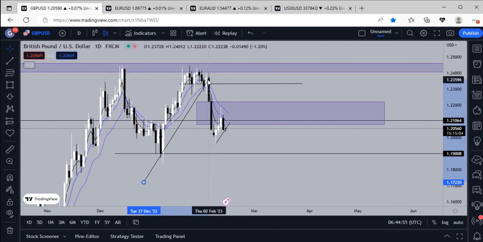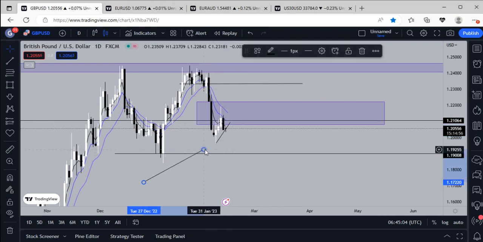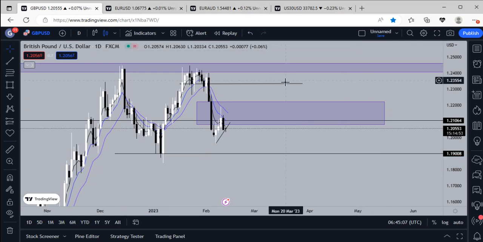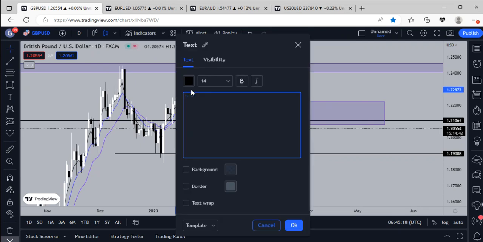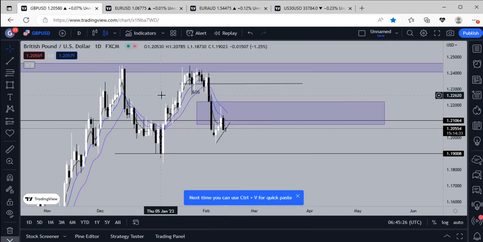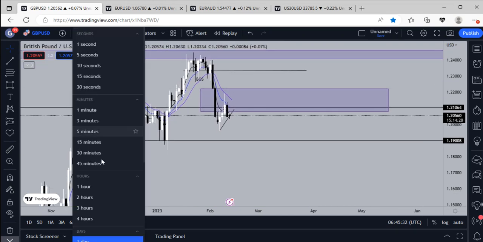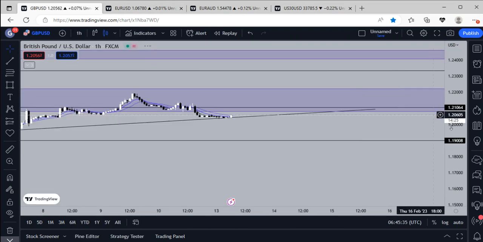Okay, and now price hits a selling trend, and so price can retest back into this area to now fill the imbalance and then continue selling to the downside. All right, so we'll just put it there. Break of structure. Right, and that is all I have on the 4-hour and daily.